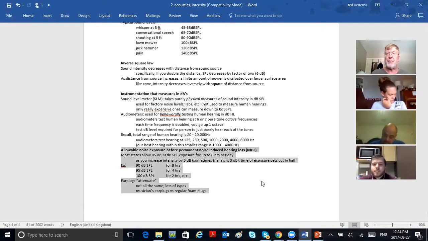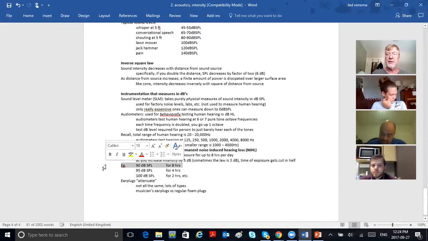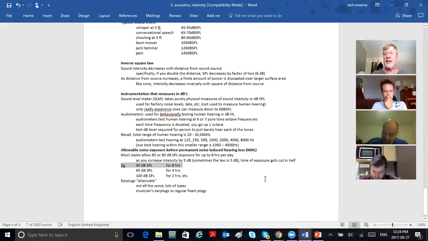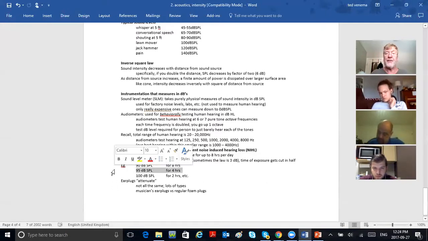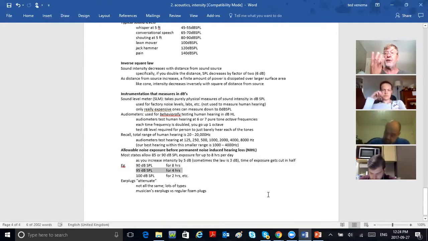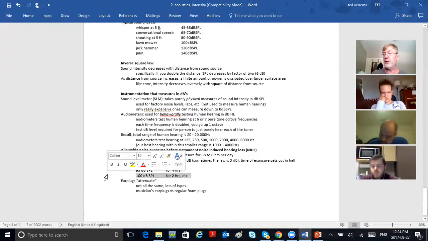So for example, in the state of Missouri, you are allowed to be exposed to 90 decibels for 8 hours, and if you're exposed to more than that, you must wear earplugs, okay? If you were exposed to 95 dB/SPL, you would only be allowed to be exposed to that for 4 hours. If the intensity was 100 dB/SPL, you'd only be allowed to be exposed to that for 2 hours.